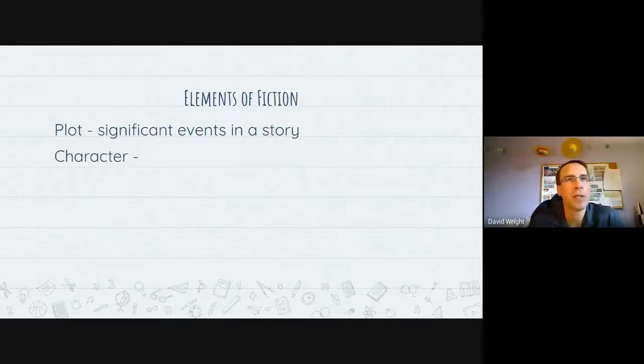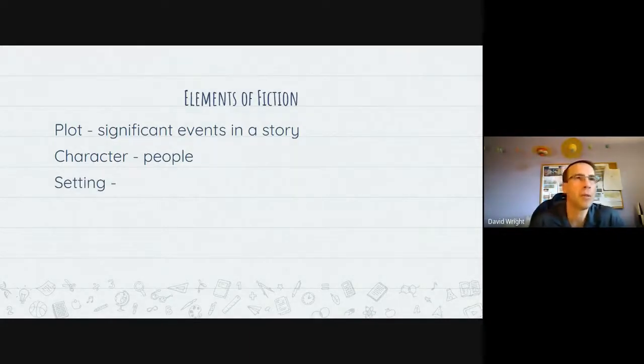The second element is character. Hopefully, you know what character is. We're going to actually look at character in two ways. But the first definition is this one, basically, the people in the story. But we will actually focus not so much on the people as the development of those people, how they are portrayed in the story.